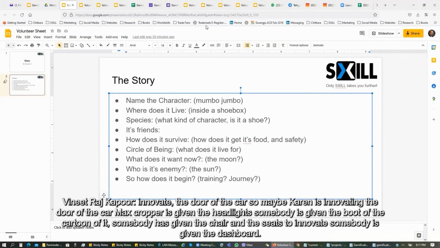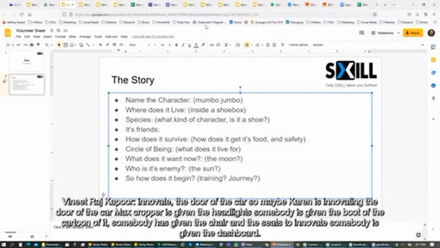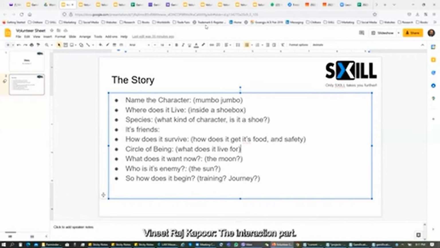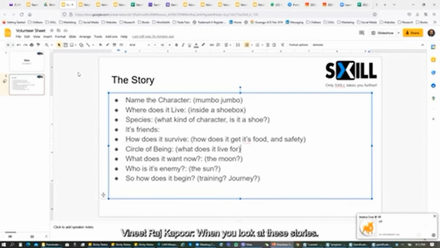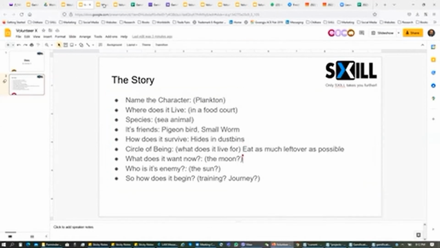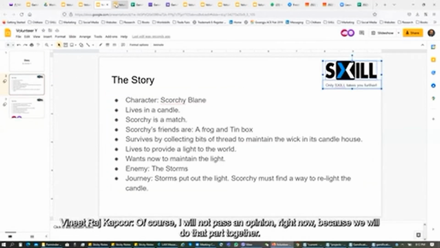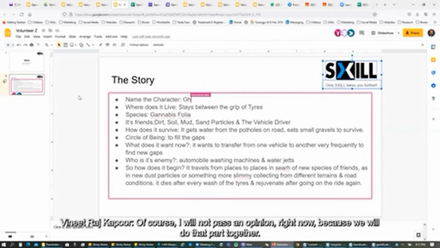Somebody is given the boot of the car, somebody the chair and seats, somebody the dashboard or the interaction part. If we circle things around and we have five cars to be made, we suddenly see what kind of innovation has happened. When you look at these stories, I will not pass an opinion right now because we will do that part together.